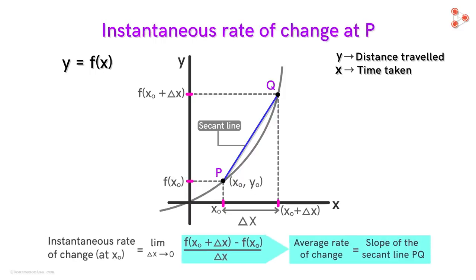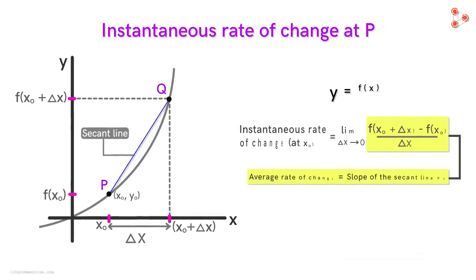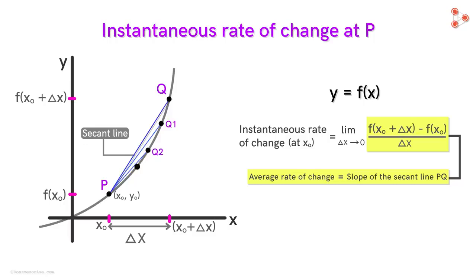Now, what happens to this secant line as delta x tends to 0? Let's say we find the average rate of change between points P and Q1, Q2, and so on. We can see that as delta x tends to 0, these points come closer and closer to the point P. So as the limit delta x tends to 0, the secant line will pass through only one point P on the curve.